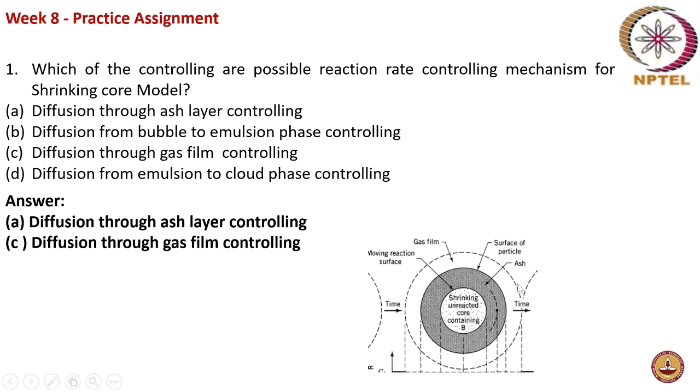One is the diffusion through the gas film, for the gas phase component A to pass through, and then the diffusion through the ash also. Also there is a third possible mechanism, which is the reaction itself, the intrinsic reaction kinetics controlling the rate. So these are the three possible mechanisms in a shrinking core model.